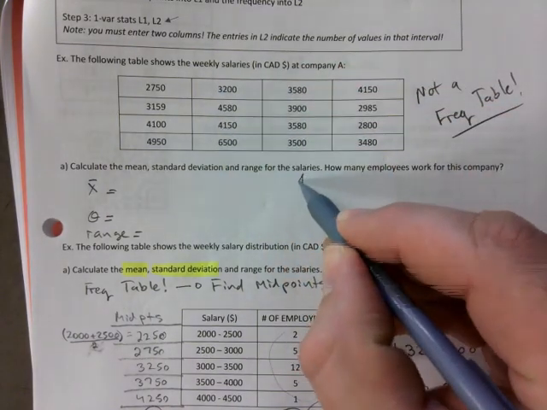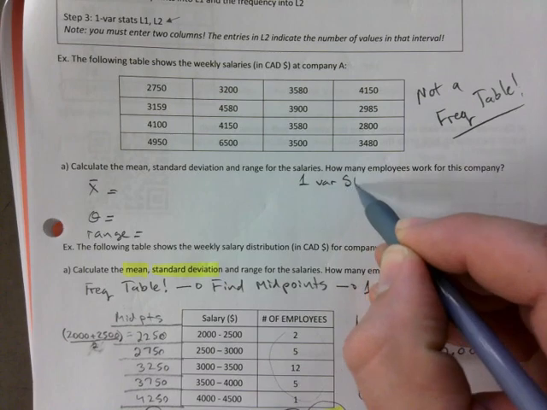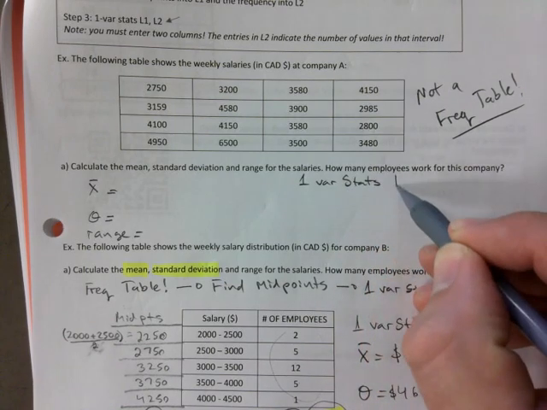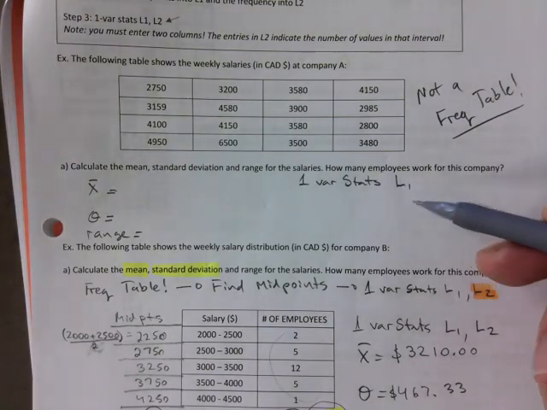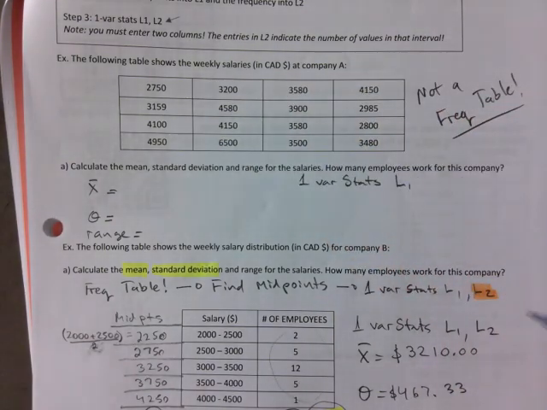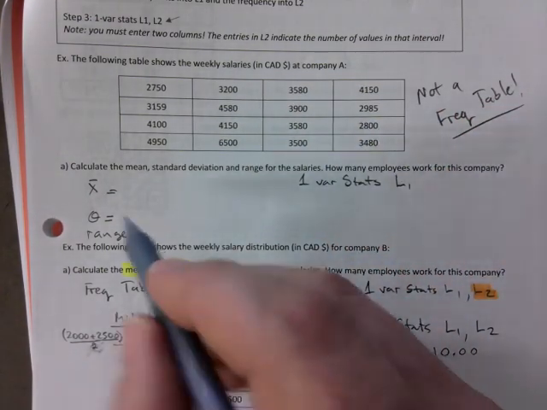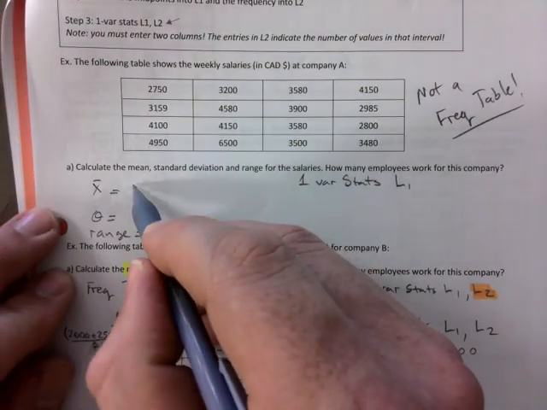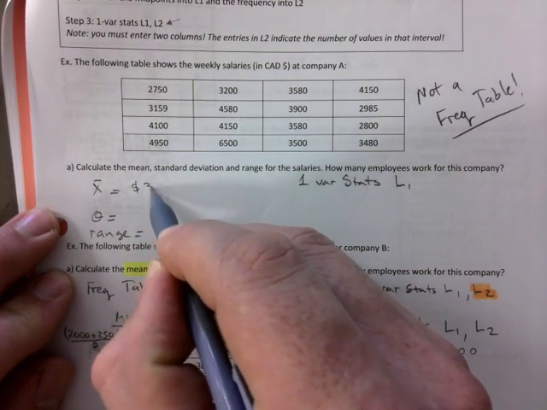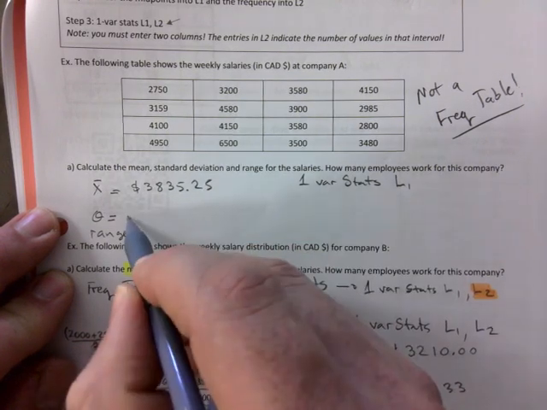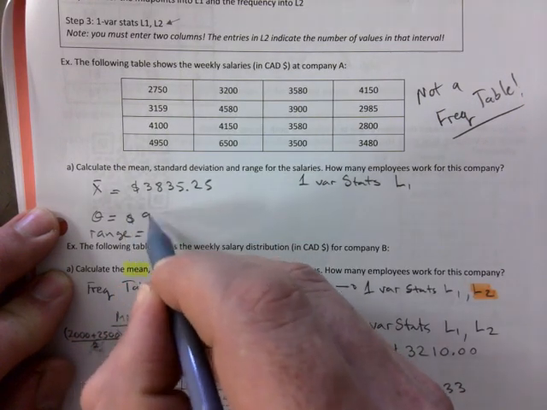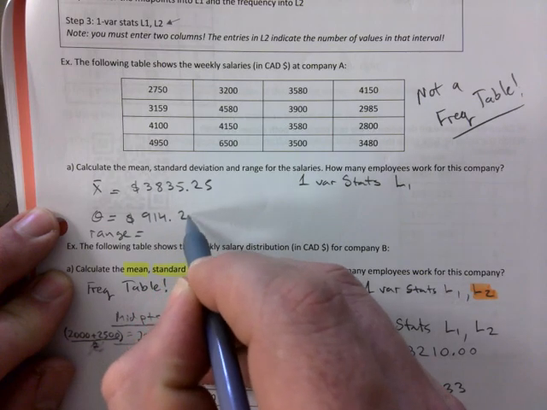So this will be one variable stats L1. There is no L2 here because we don't need it. We have each individual data point given. So you just copy this down, 3,835 and 25 cents. And my standard deviation is 914.22 cents.